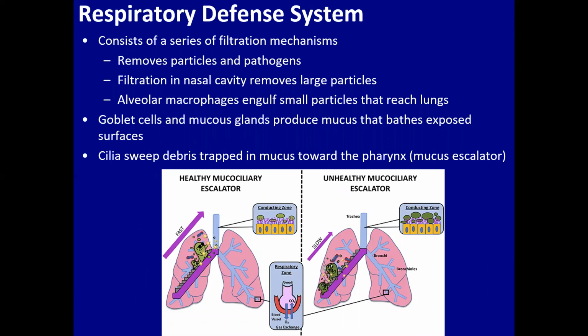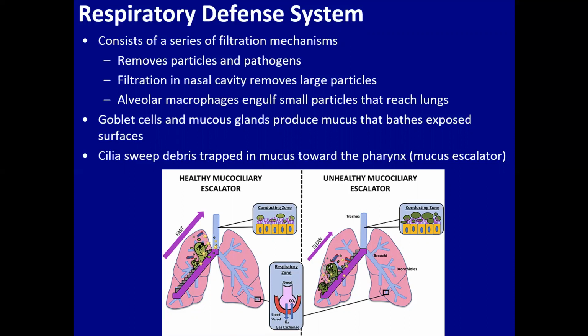There is a respiratory defense system that consists of filtration. So when you think about the hairs in your nose, they're there for a reason, and that purpose is to remove large particles. We also have alveolar macrophages that are represented only in the alveolar areas, and they are going to be security so that the smaller particles that actually reach the lungs can be phagocytized.